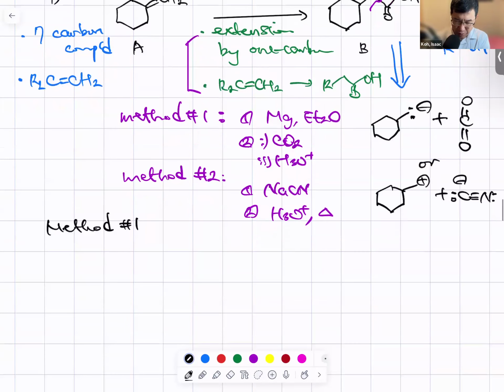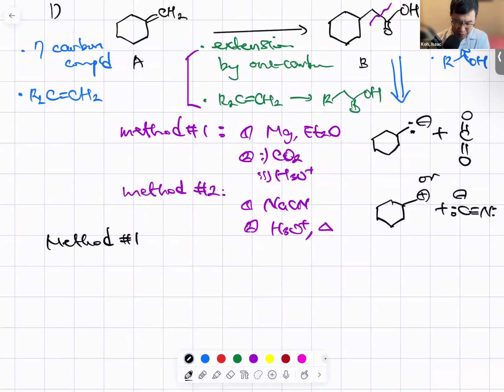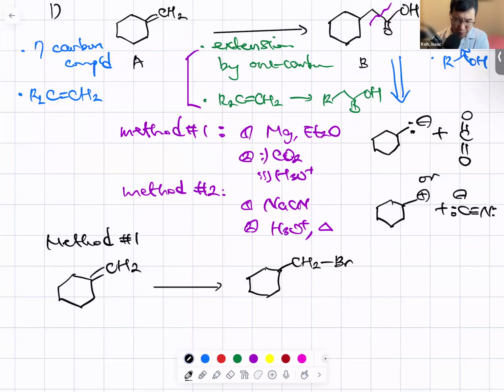Let's make it into an alkyl halide first. How can you change this into an alkyl halide? The halogen must be on the terminal carbon, so we need anti-Markovnikov addition.